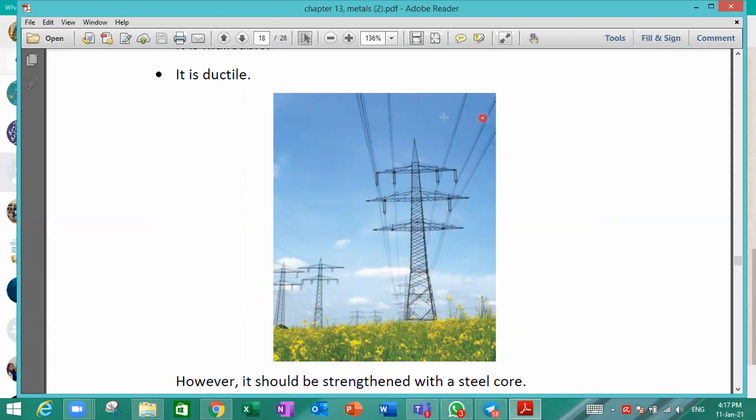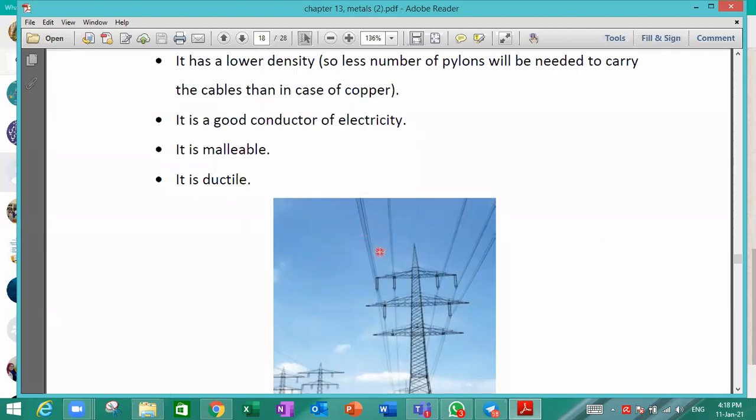These wires are made of aluminium, because aluminium is less dense than copper. We usually use copper wires to conduct electricity, especially in homes or in workplaces, but in streets we use aluminium wires instead of copper, because it's less dense than copper.